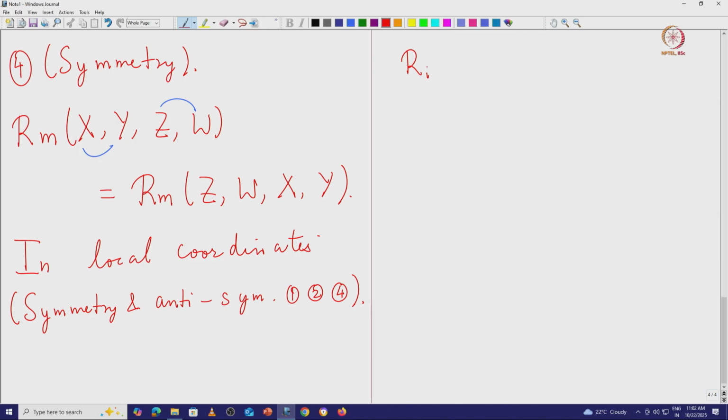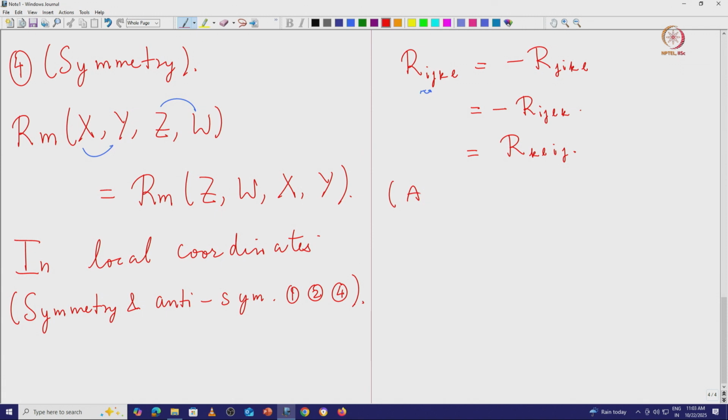R of i j k l is R of j i k l. So you are interchanging the first two entries. That is the same as minus R i j, interchanging the last two entries, l k, and that is the same as R of, you interchange the first two with the last two, so R of k l i j.